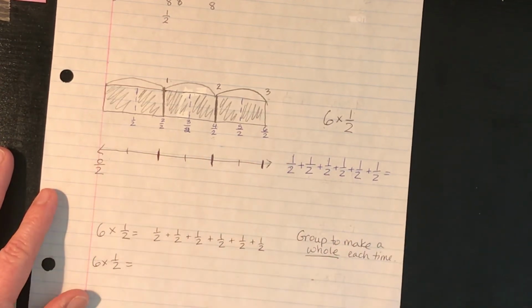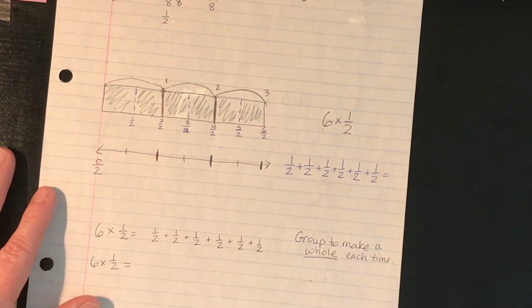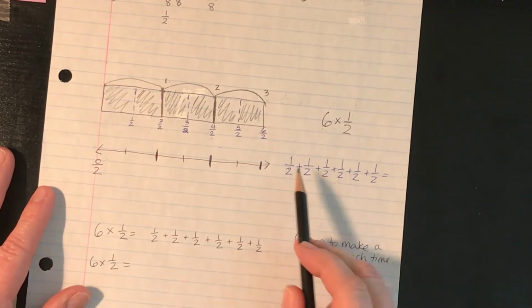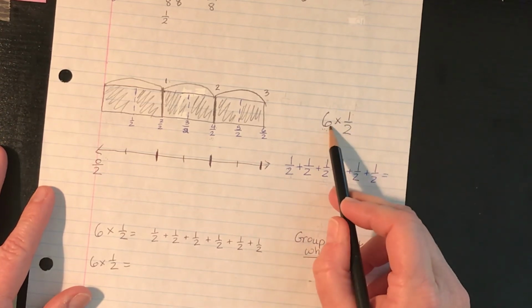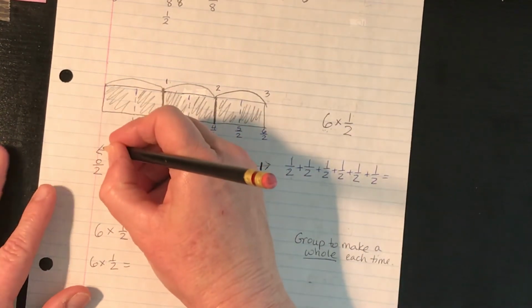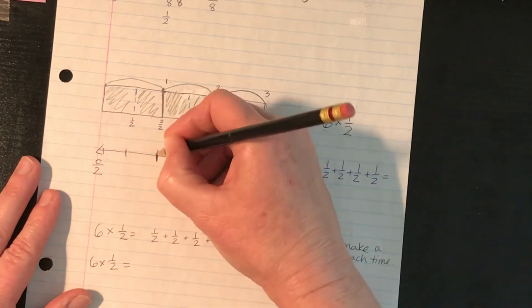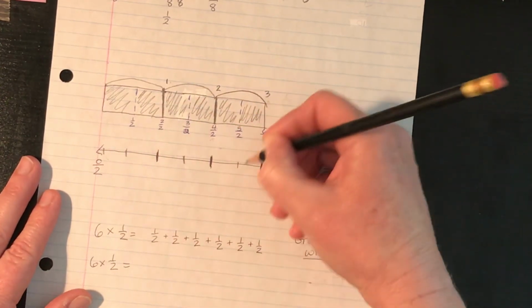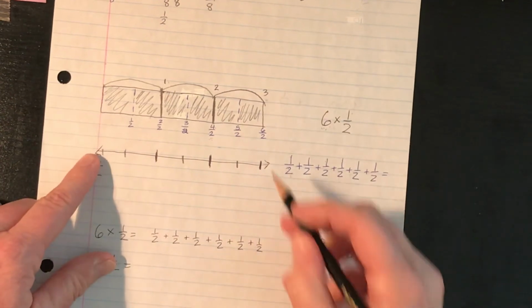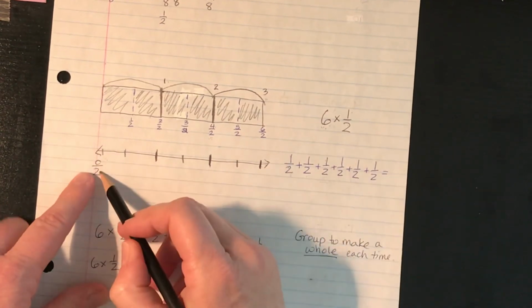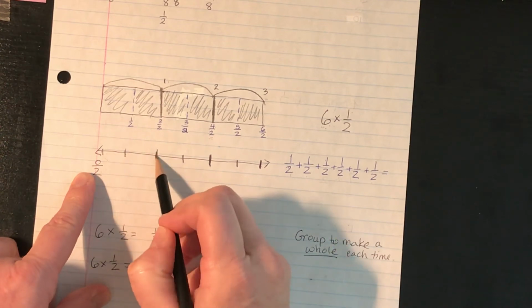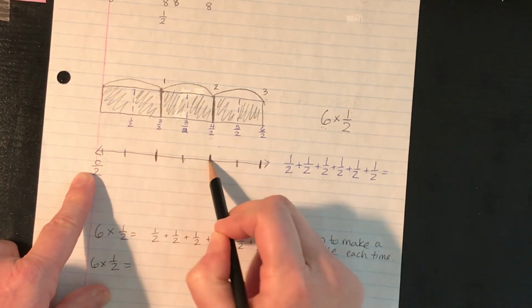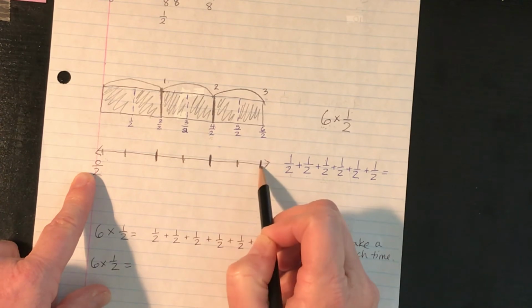That's what we're going to be doing, but we're going to be doing it on a number line. So if I was drawing my number line and I know I need halves, I know I need 6 halves. So if I start with my number line, I'm going to go 1, 2, 3, 4, 5, 6. Now, wait a second. That first line was a 0. So does that really count as 1? Or is that 1/2? 2 halves, 3 halves, 4 halves, 5 halves, 6 halves.